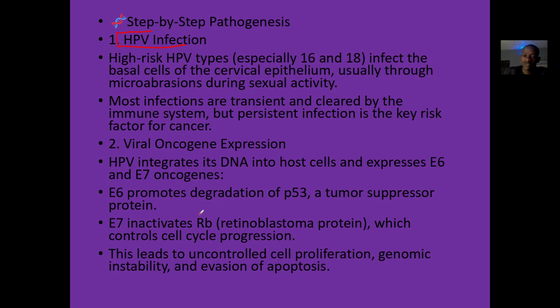So E6 will block what? P53, which is a gene that regulates growth and helps to regulate that this thing should grow, this thing should stop. E7 inactivates the RB, which controls what? The cell cycle progression. Because the things that regulate are being inhibited, this will now lead to growth that is actually what?